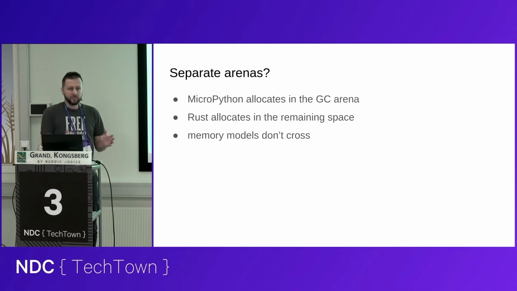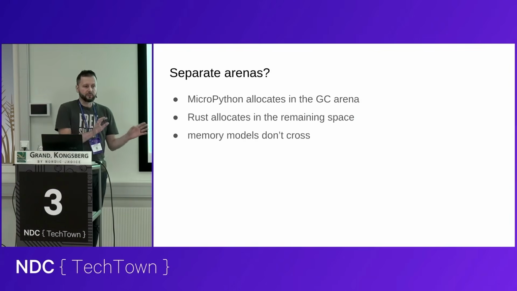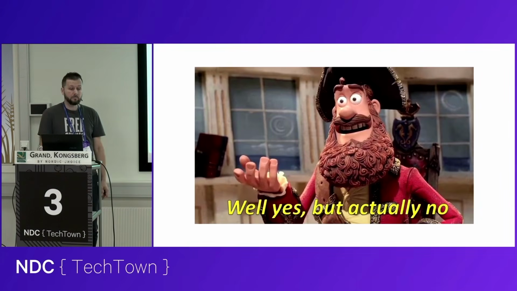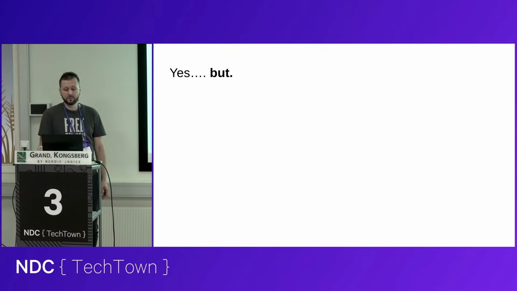Technically, we could split the memory in half or some other ratio, mark one area for MicroPython, the other area for Rust, and each does its own thing. Memory models don't cross. I mean, we could do it, probably, but maybe not.